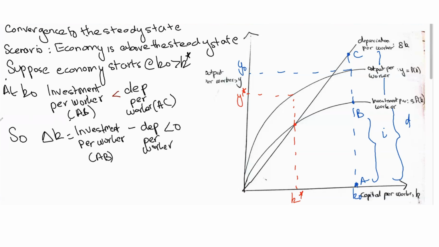Right, so delta k is less than 0. This represents delta k, the change in capital per worker, the difference between investment per worker and depreciation per worker, which is less than 0.